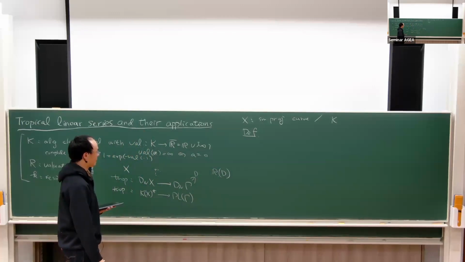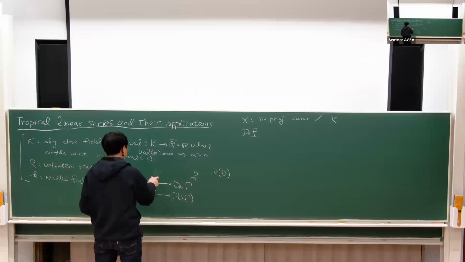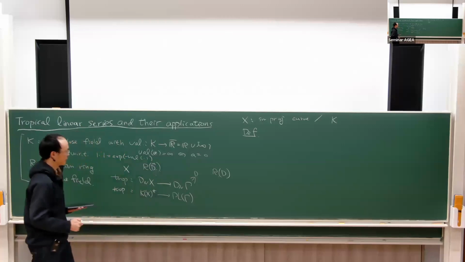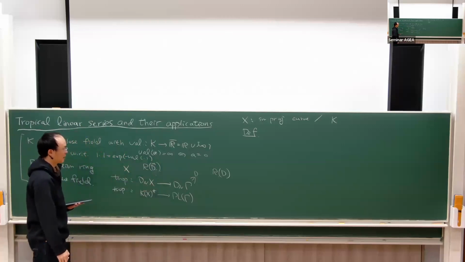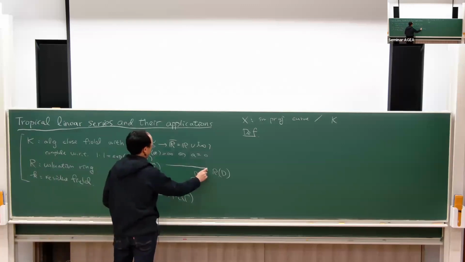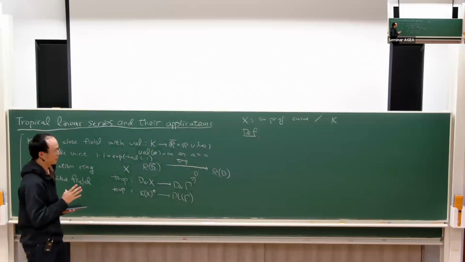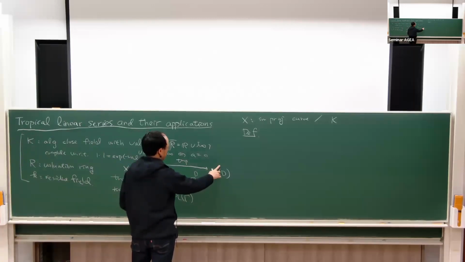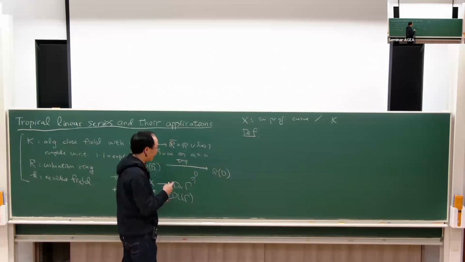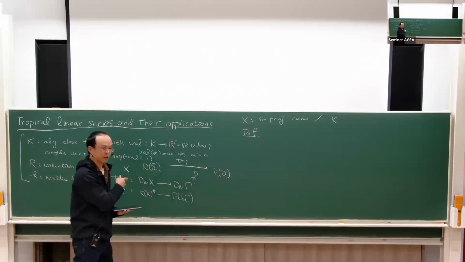And if we have a lift of the divisor D to the curve X, then usually the tropicalization map is not surjective. So it becomes a problem: which tropical linear series inside this R(D) comes from the tropicalization of the algebraic linear series?